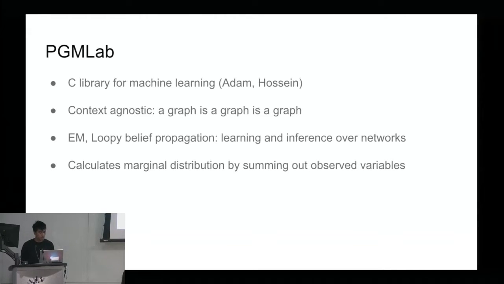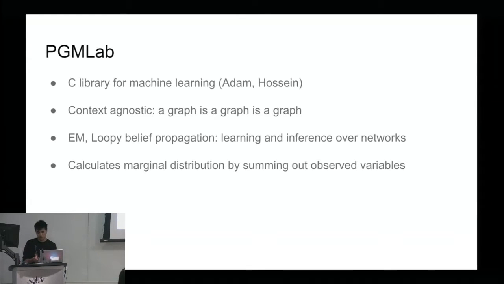We use expectation maximization as well as loopy belief propagation to perform learning and inference over these networks. Loopy belief propagation is just calculating the marginal distributions by summing out observed variables. Say you have some given evidence and you want to find the probability of another event happening given this evidence, you just have to sum out all the probabilities of the data that you have already.